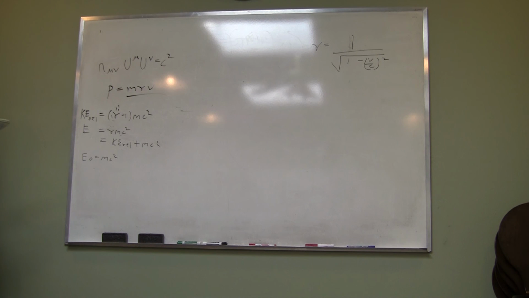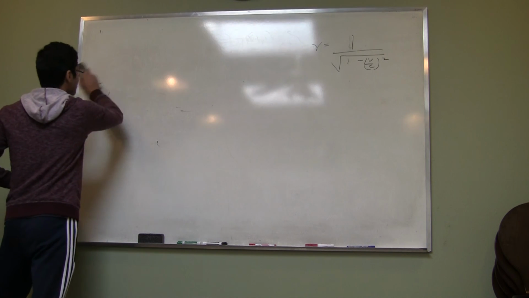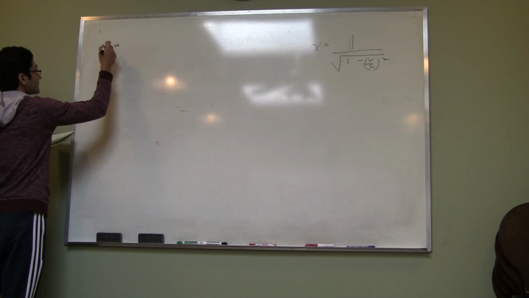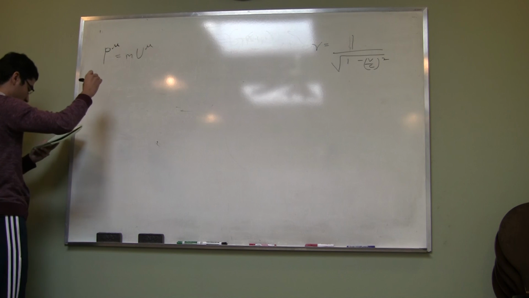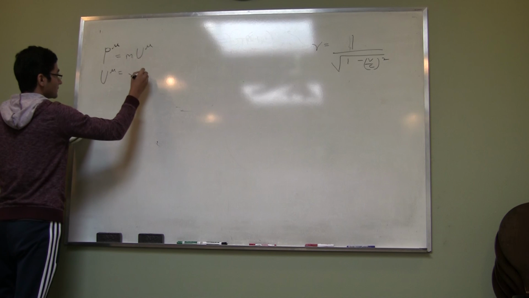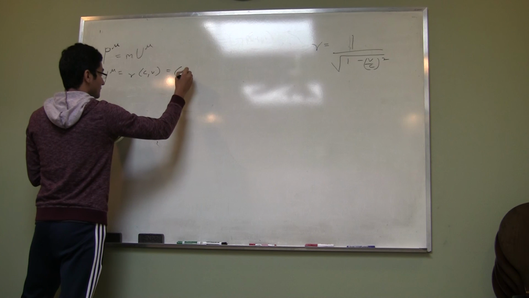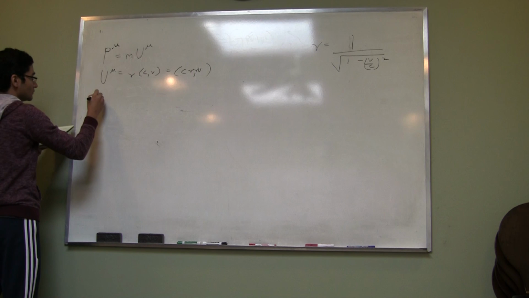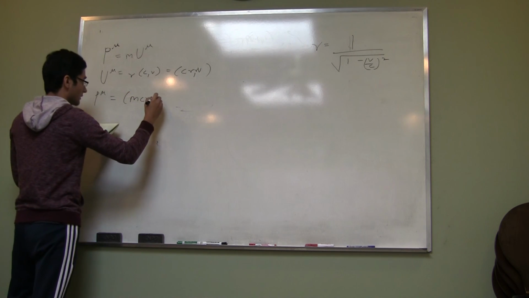Now if you look at the 4 momentum again, 4 velocity is gamma c, gamma v that we already saw, equal to c gamma, v gamma. So the momentum is m c gamma, m gamma v.